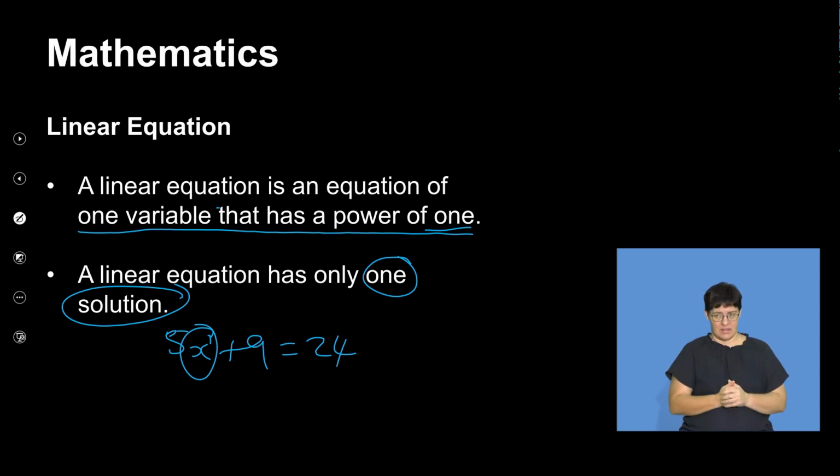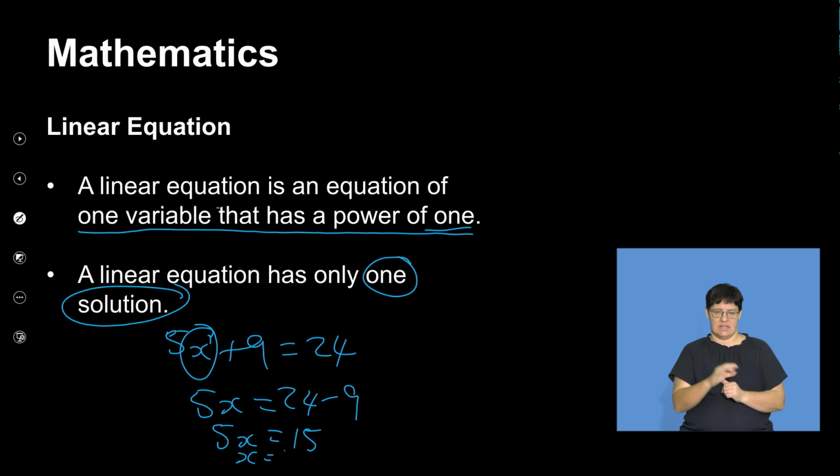So if we try and solve this, which I will give you a step-by-step breakdown of later on, you will just say this is 5x. I'm sure by now you have done this. 24 minus 9, it becomes 5x equals 15, and then lastly I will have x equals 3, right?